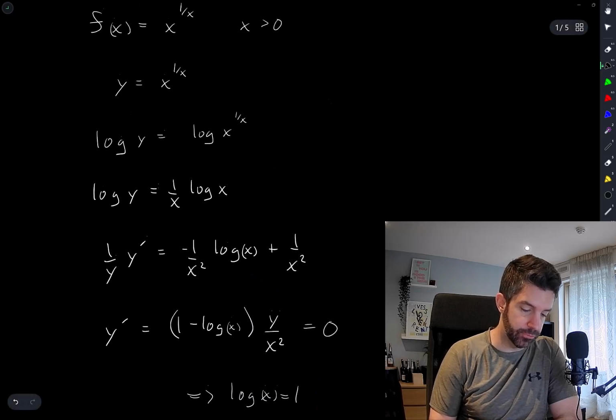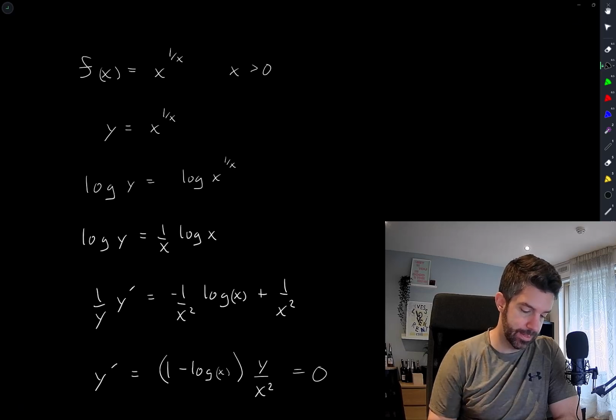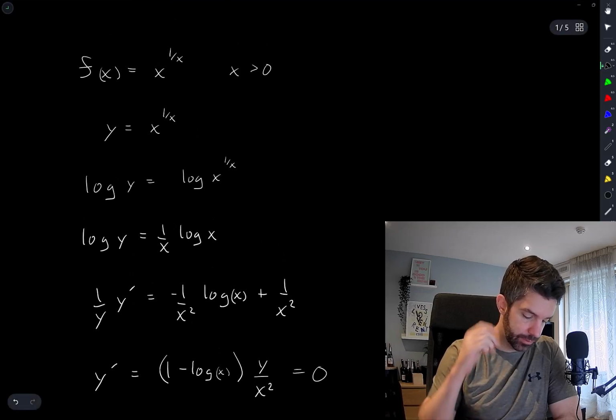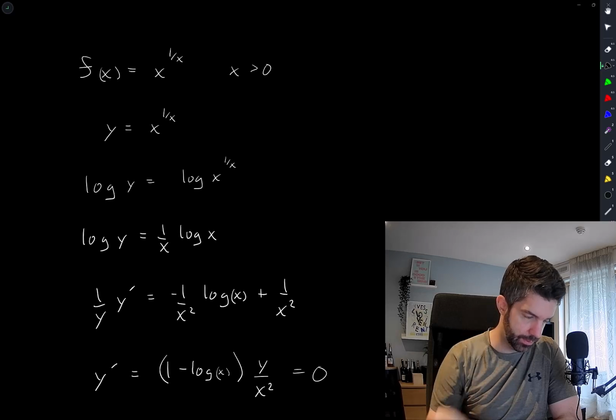So to see that this is a maximum, I guess technically we would have to take a second derivative, wouldn't we? Let me think, or see if there's another way to argue that this is a maximum. Maybe there's something we can say about limits.